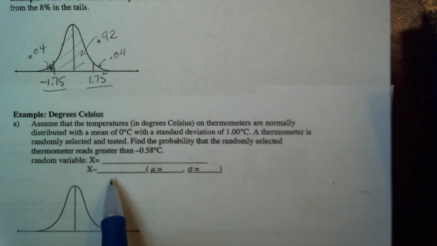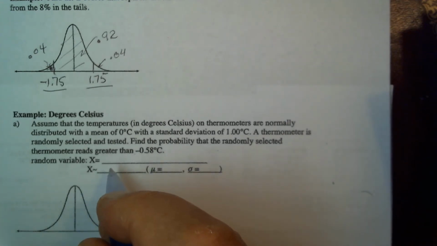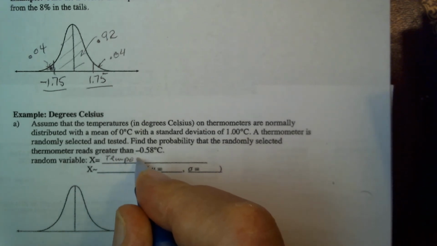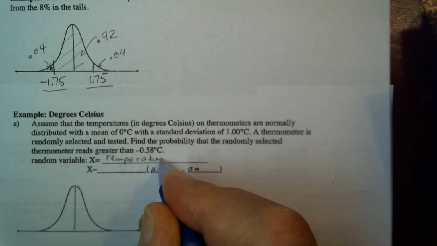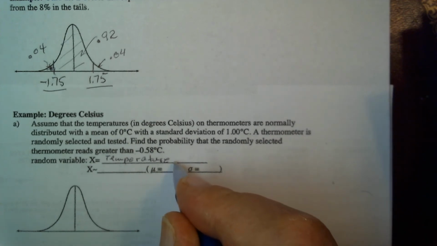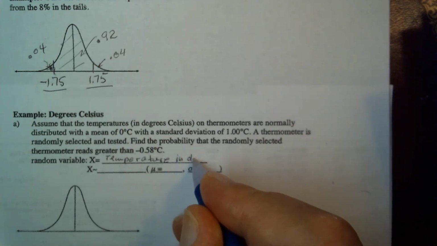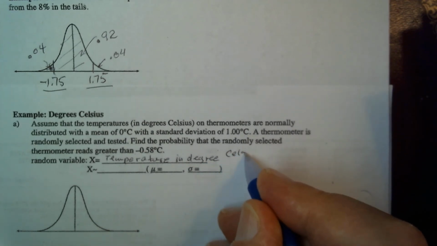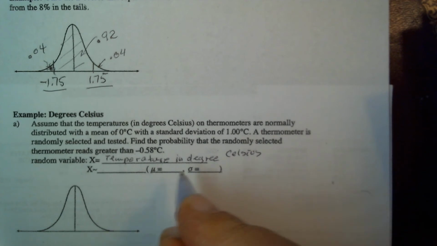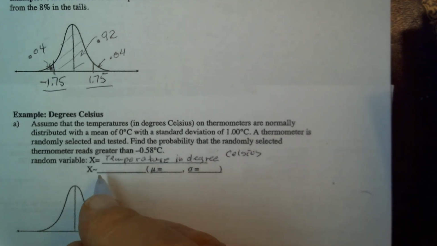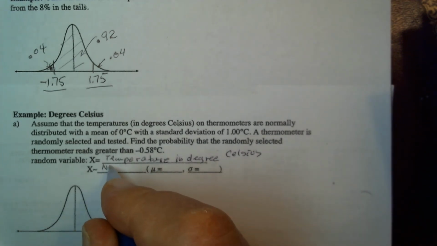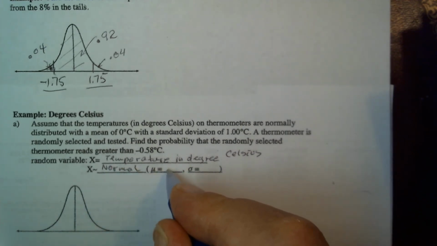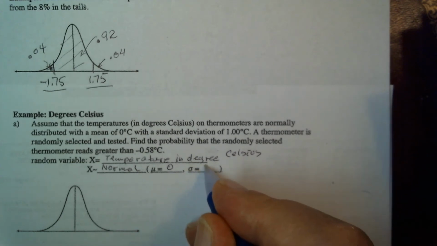So x is the temperature in degrees Celsius, normally distributed with a mean of 0 and a standard deviation of 1.